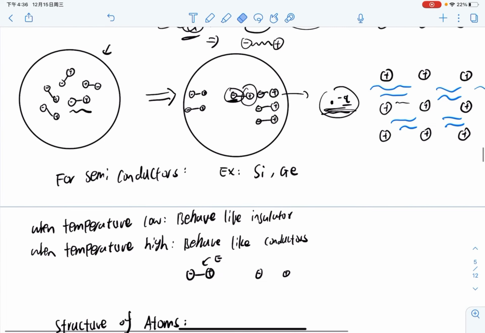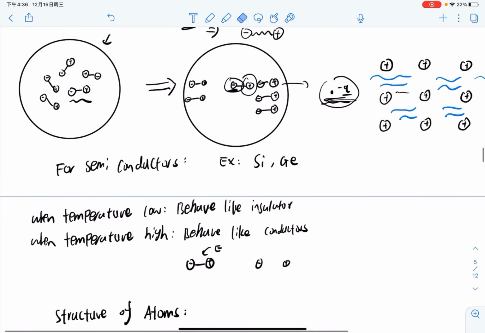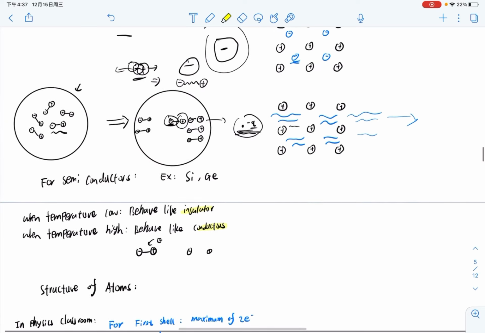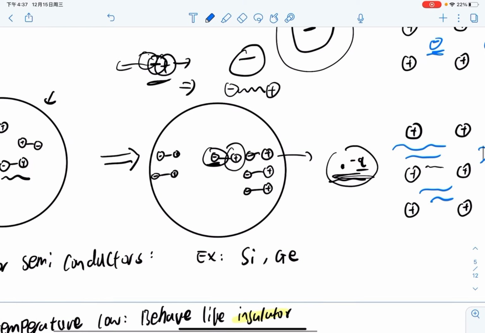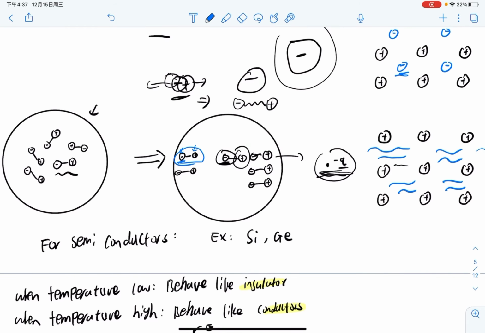Okay, we're going to review semiconductors, which are like silicon or germanium. For semiconductors, when the temperature is low, it will behave like an insulator, and when the temperature is high, it will behave like a conductor. When the temperature is low, the positive and negative, this one is electron and this one is ion, are attached by a string.